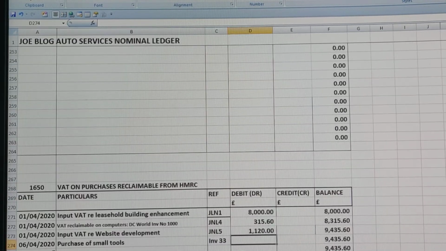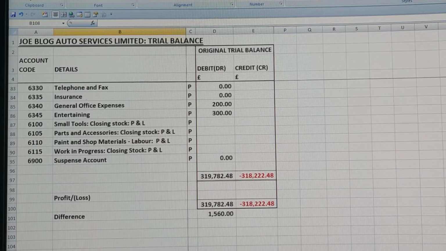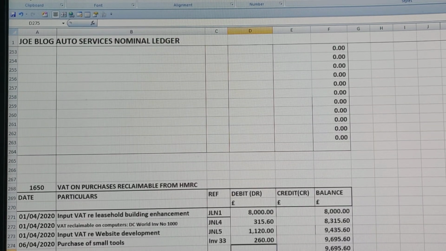Right, let's check our trial balance. The trial balance is now out of balance by 1560 because we now need to credit the purchase ledger control account, which is the link between the purchase ledger and the nominal ledger.